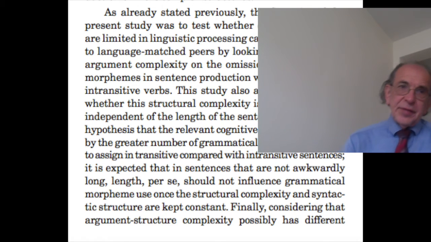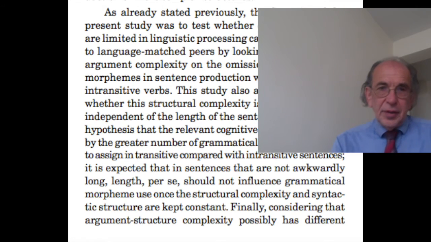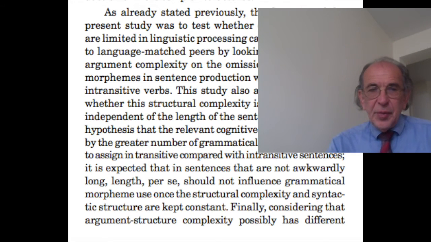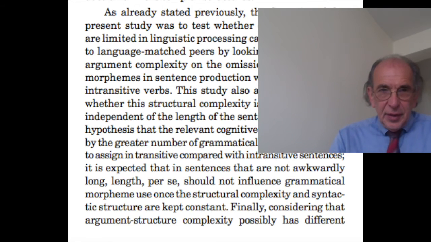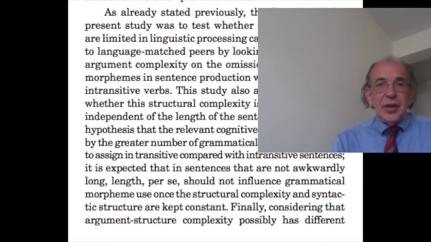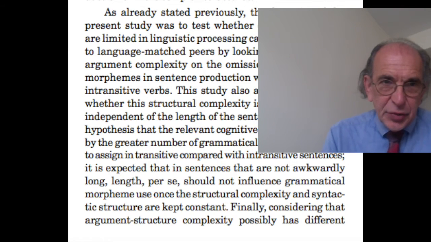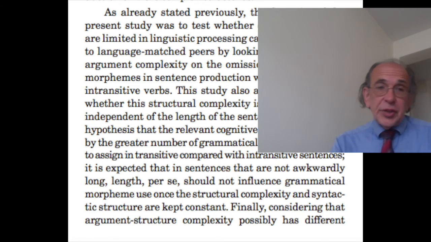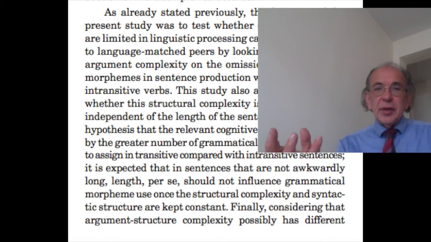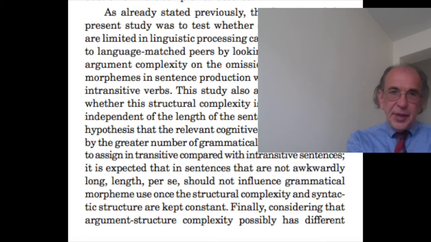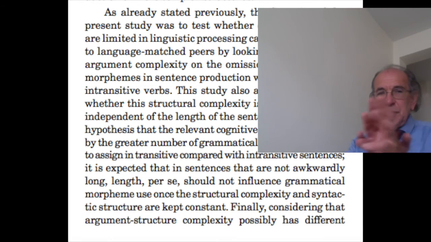It's the effect of argument complexity on the omission of grammatical morphemes. That's what's being studied. Now remember when I was quote-unquote grilling you last session, I hope you saw that really what I was trying to do is get you to separate out these variables, to focus on independent and on dependent, first separately, and then bring them together so you distinguish between things.